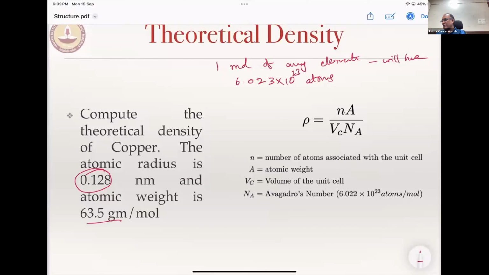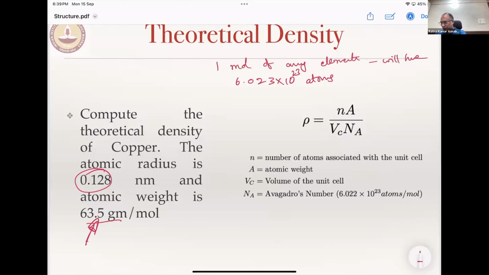That is the meaning of that. So 6.023 into 10 power 23 atoms of copper will weigh 63.5 grams. That is the meaning of atomic weight. For 1 mole, it will weigh 63.5 grams.